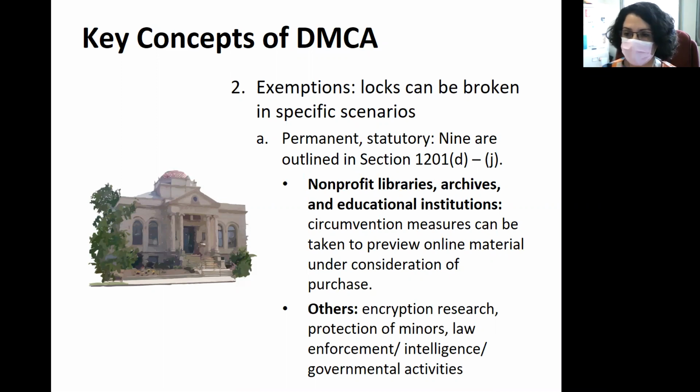They can break the locks for the research, provided they're not going to profit or write a book, I assume, but they can for their own research do that. Also, this could be done for actions that protect minors or people under 18 years of age. And then law enforcement and intelligence agencies can also break locks and those kinds of access controls for their own uses. So those are some other things that are allowed in DMCA.